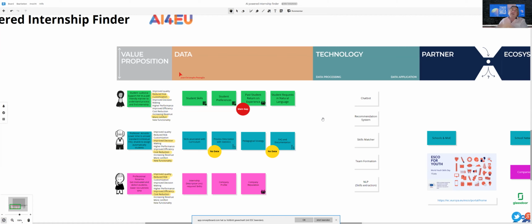Then they can build their list of wishes. Only wishes, because it is a process for the full school, and different students may have the same wishes, so we need to sort out this problem.